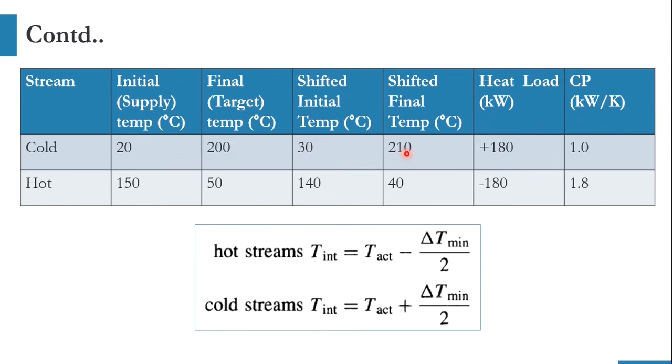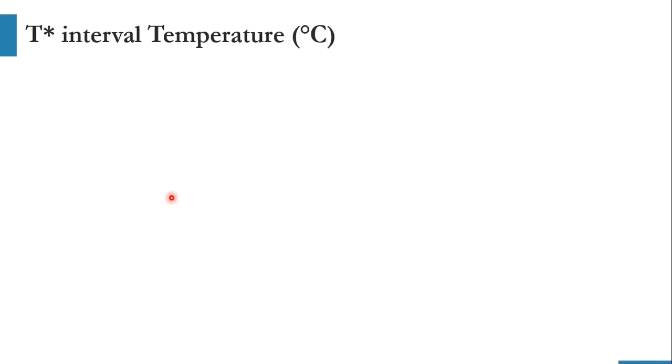Now we can see we have four temperature values. We have to look at the shifted temperature values over here, not these values. We have to use these values: 210, 140, 40 and 30. From 30 to 210, we have the cold stream. From 140 to 40, we have the hot stream in the shifted temperature approach.